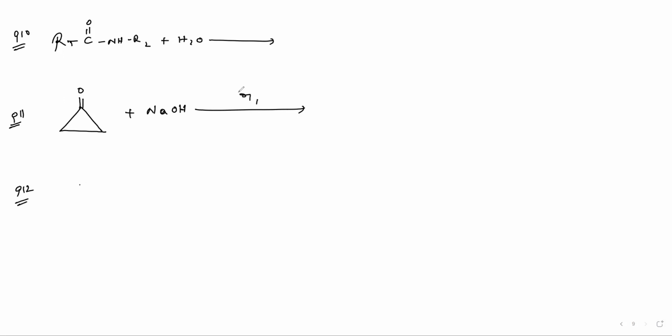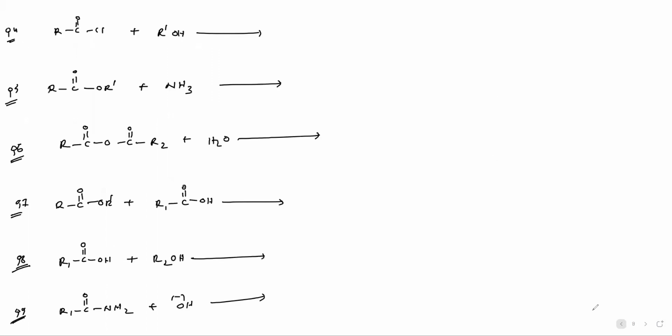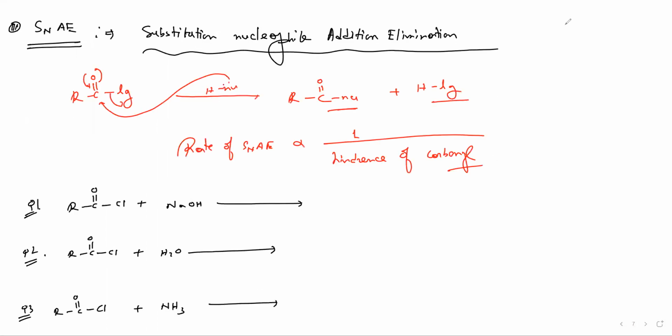In this case, the rate is given R1. This question is to compare R1 and R2. Solve it. How can you solve? First one I am doing. Look, which one is the leaving group?